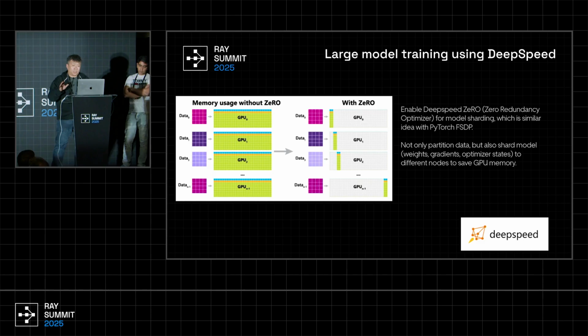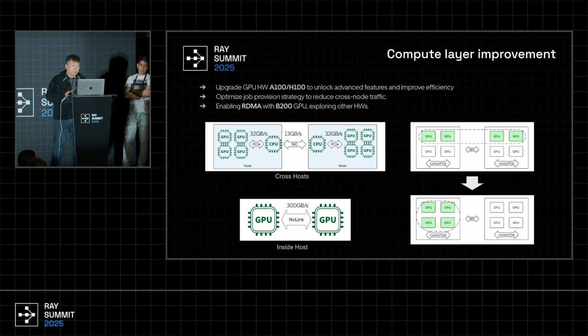By doing this, you can reduce the memory redundancy across different GPUs and allow the entire cluster to train a much larger model than a single GPU memory can hold. By the way, it's very similar to PyTorch FSDP. If you see those terms, they are actually using the same background implementation. On top of DeepSpeed, we also do a lot of optimizations, whose needs we discovered when we scaled our model size up.